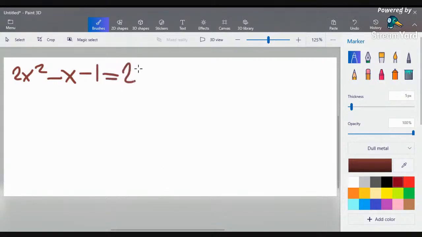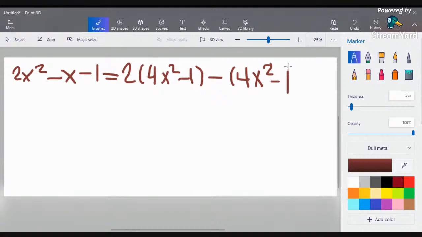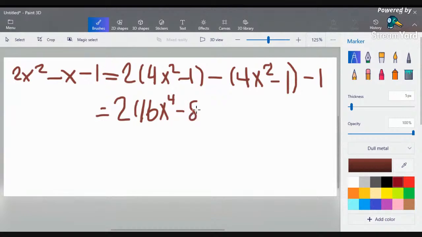So we have 2 times 4x squared minus 1 squared minus 4x squared minus 1 minus 1. So therefore, we have 2 times 4x squared minus 1 squared. The answer is 16x to the fourth minus 8x squared plus 1.